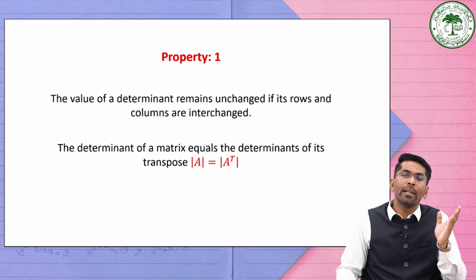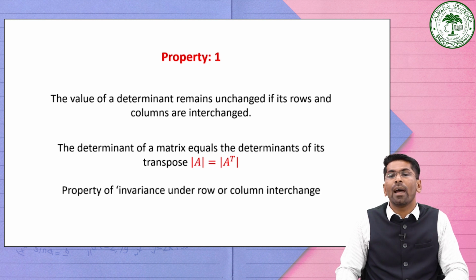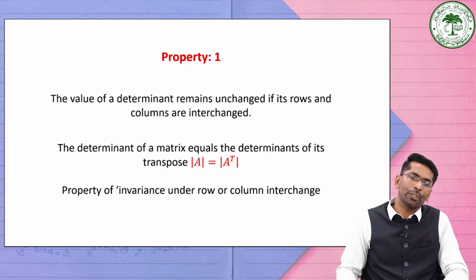If you interchange the rows into the columns and the columns into the rows, the determinant value of the original matrix and its transpose will be equal. So it usually refers to the property of invariance under row or column interchange. This property we are going to prove.